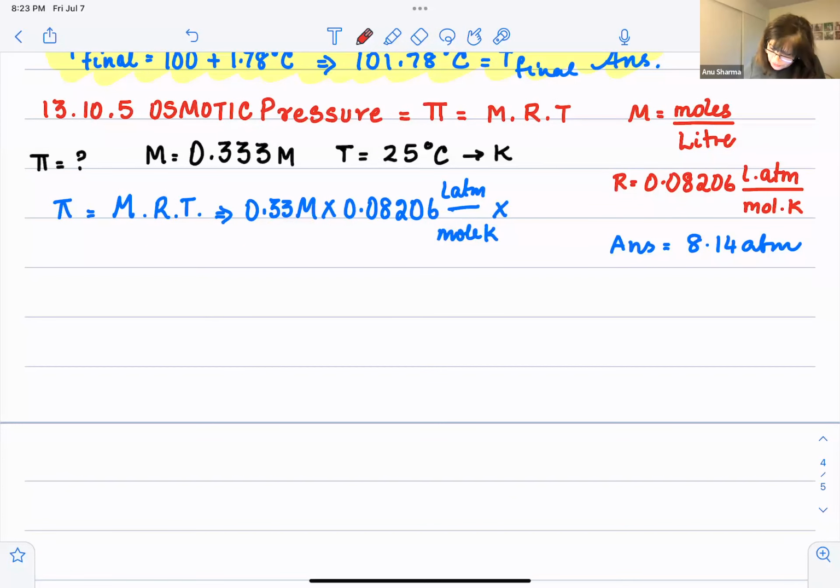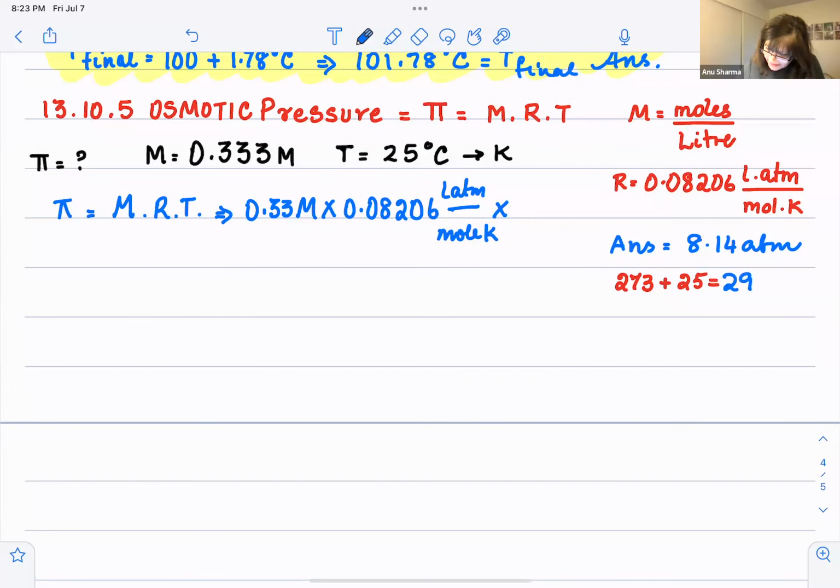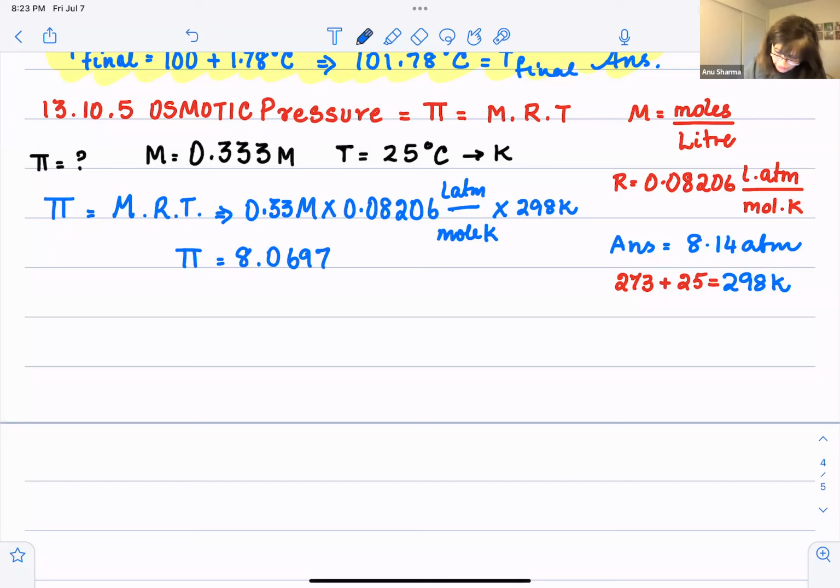So you're going to take 273 plus 25, and that gives you 298 K. So here we have 0.33 times 0.08206 times 298, and the osmotic pressure comes out to be 8.0697, whatever.